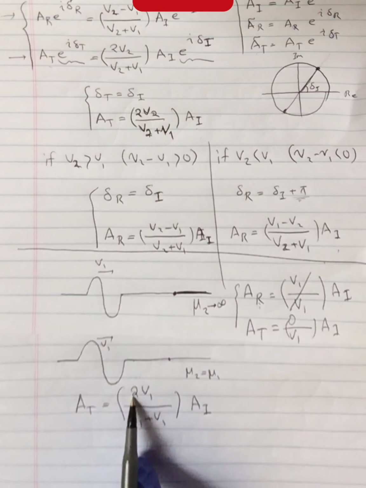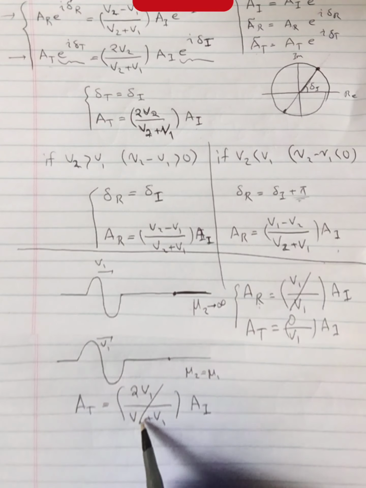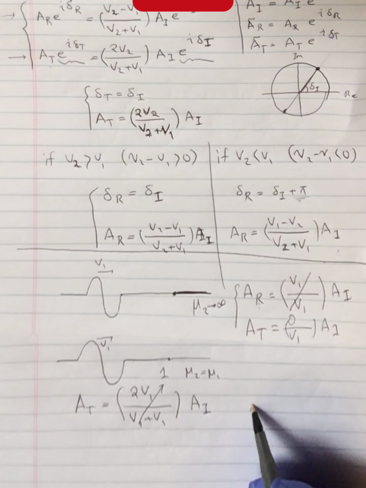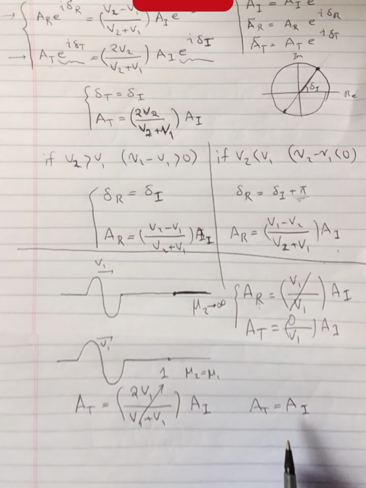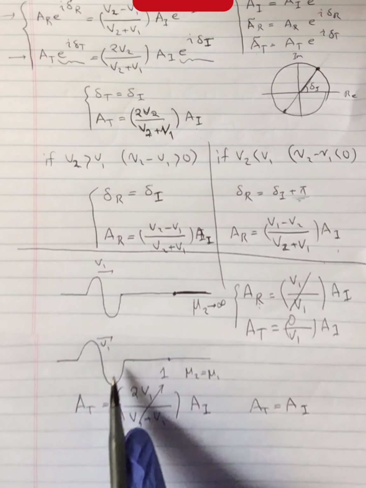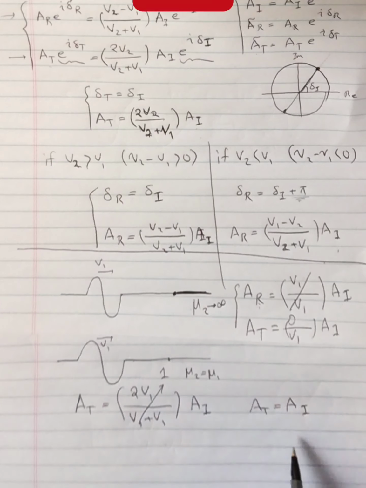Now, 2V1 over V1 plus V1 is just 1. So the transmitted wave has the same amplitude as the incident wave. The wave comes in and moves on with the same amplitude to the second part.